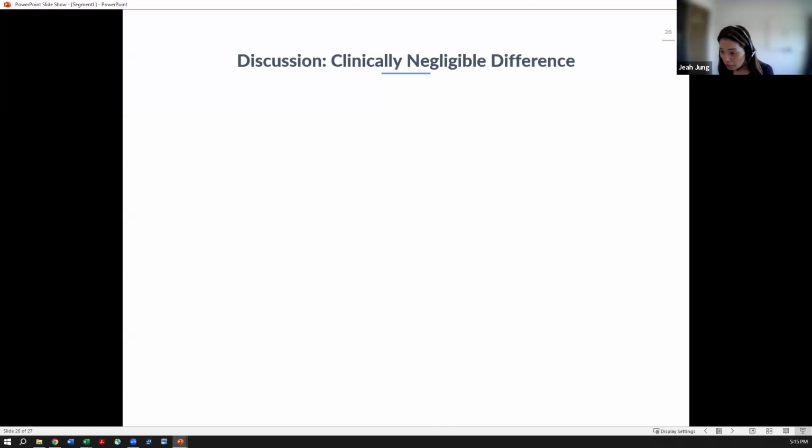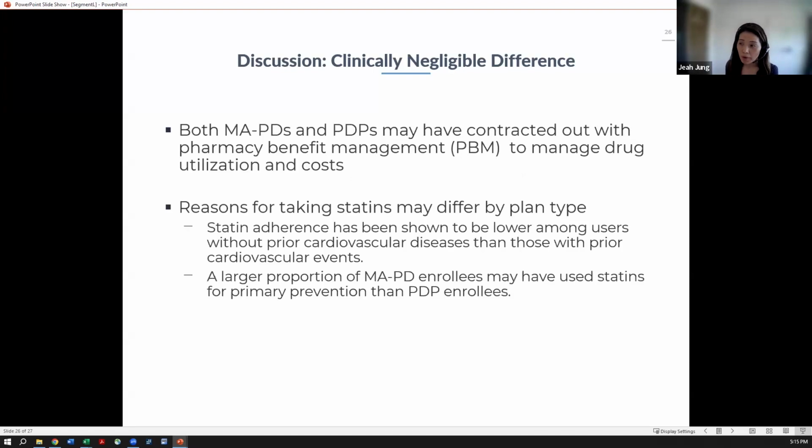I'm going to be really brief, just a few minutes, on why we found no strong support for our hypothesis, with clinically negligible differences. One possibility, I think this first bullet point explains a lot: both the MAPDs and PDPs contract with the same PBMs. PBMs are pharmacy benefit managers.